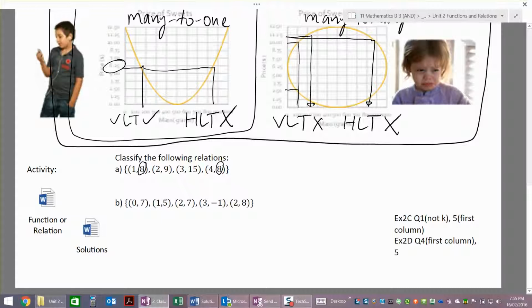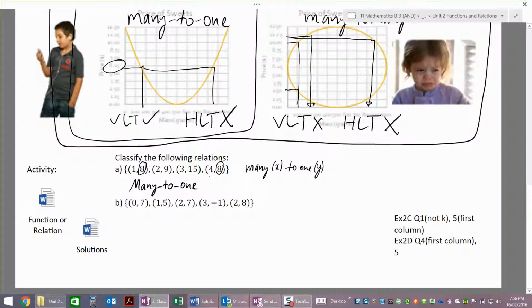The y value of 8 repeats. So we have one y value which has many x values. Many x to one y value. Okay, so this is a many to one.